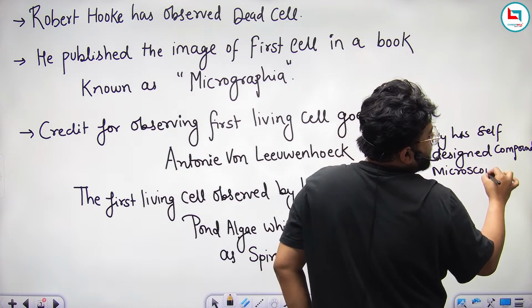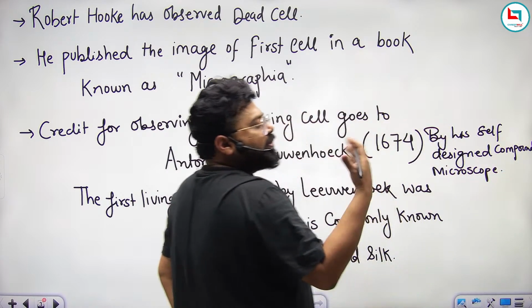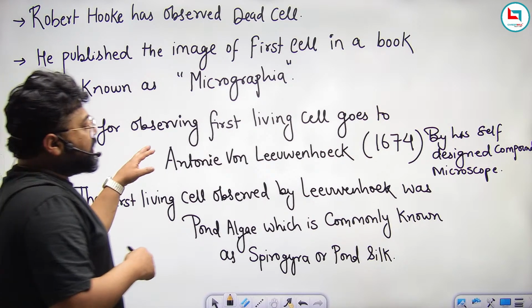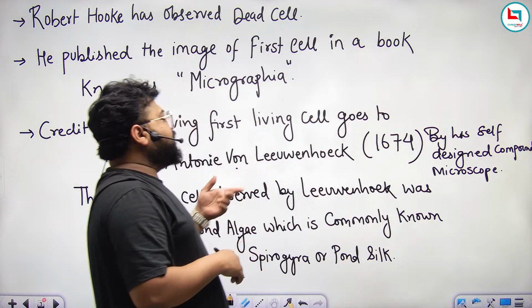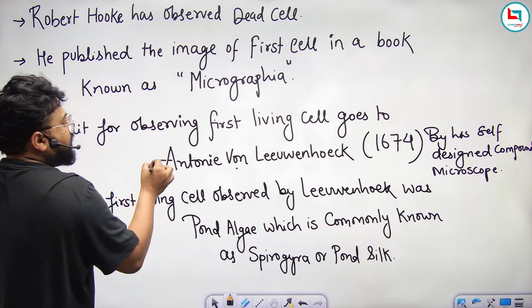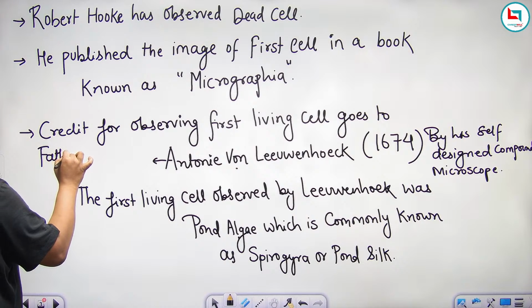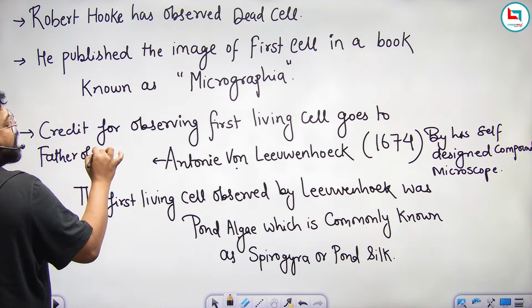The idea of using more than one lens in a microscope was also given by Antonie van Leeuwenhoek, and he is also known as the father of microscopy.